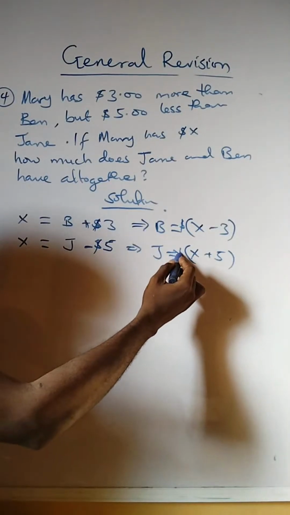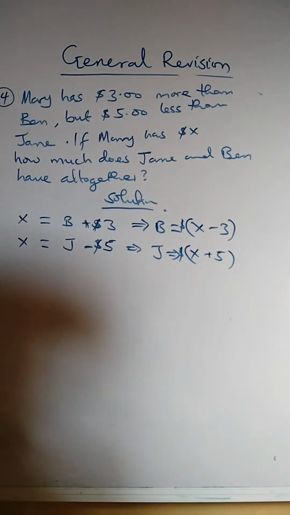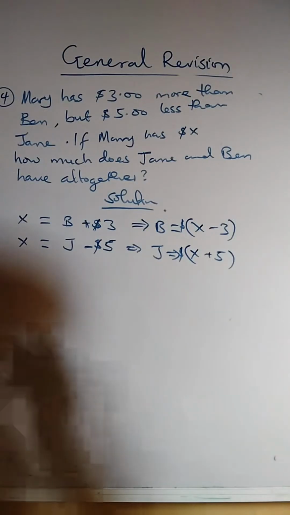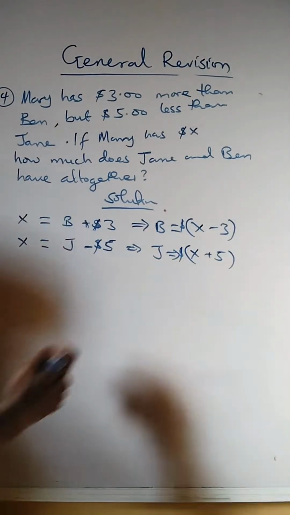Since Mary has $3 more than Ben, Ben has $3 less than Mary. And Mary has $5 less than Jane, so Jane has $5 more than Mary.